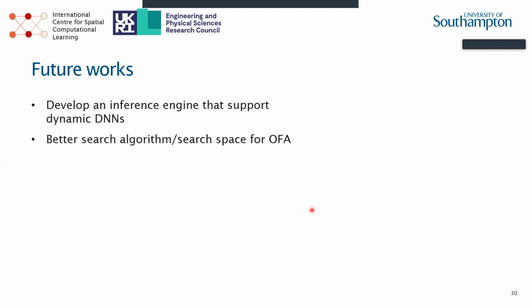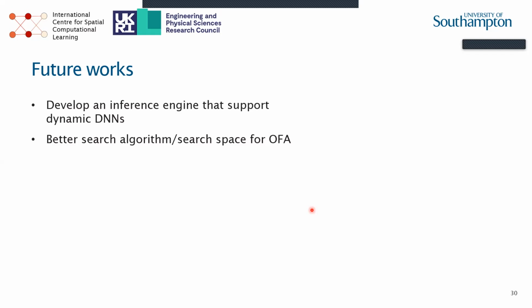So if we have 13 subnetworks, we have 13 models, but each model is optimized by the PyTorch Mobile pipeline. Then we compare the switching time, the execution time, and also the total memory footprint. But this work is still ongoing, so I don't have a result to show you.